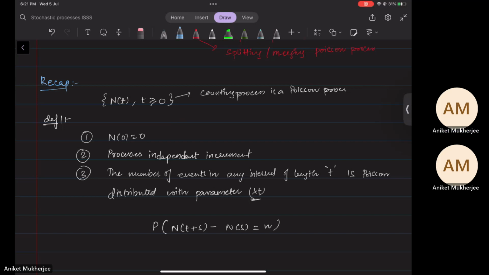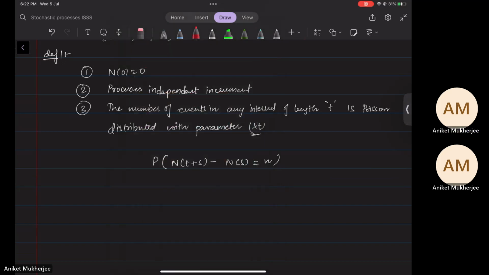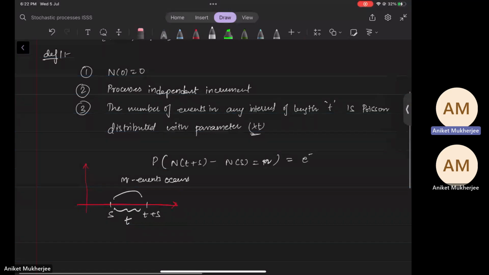So what does this mean? If you have an interval from s to t plus s, where this interval is of length t, and you want to find the probability that in this interval only n events occur, according to point number 3 of the definition it is Poisson distributed with parameter lambda t.